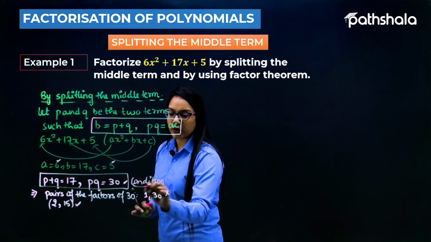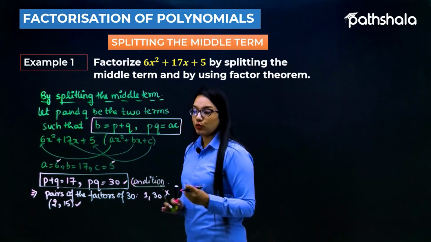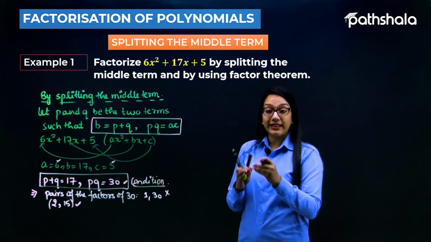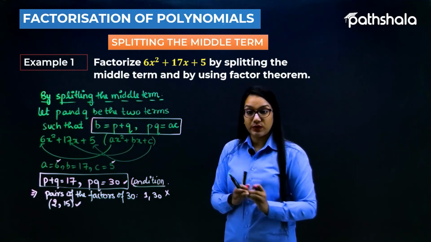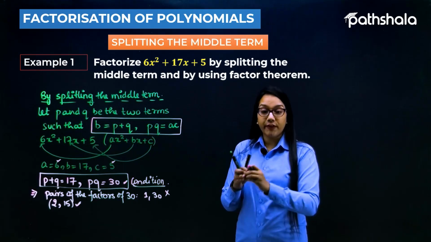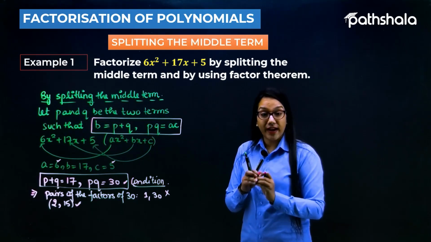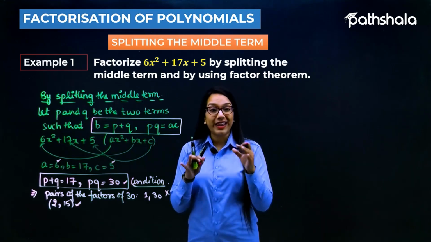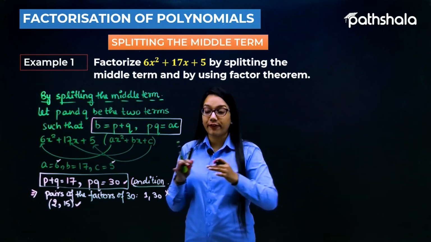According to which we have to take the two terms in such a way that their multiplication is equal to 30 and their addition is equal to 17. So 2 and 15 is the pair of factors of 30 that is satisfying this condition.